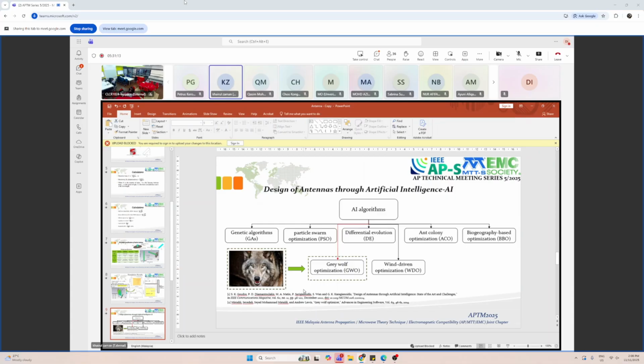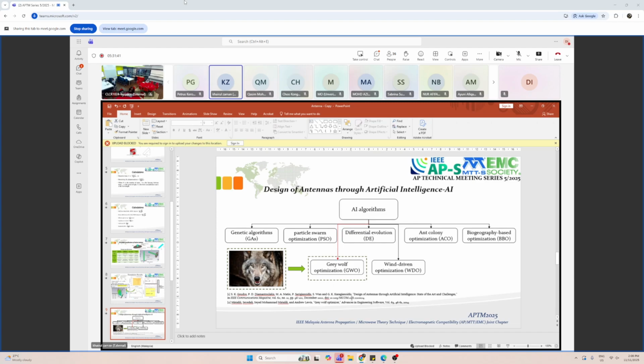One of the advantages of grey wolf optimization is that it is easy to use and gives approximate results for the antenna, I mean, for what needs to be enhanced. This is why we have chosen grey wolf optimization, GWO, to enhance our antenna performance.